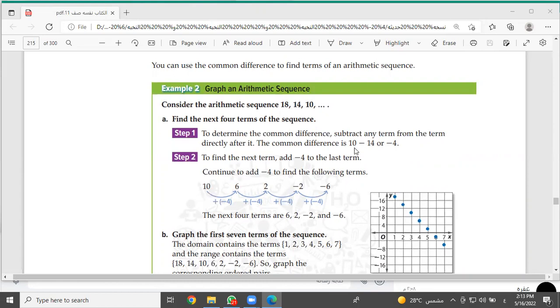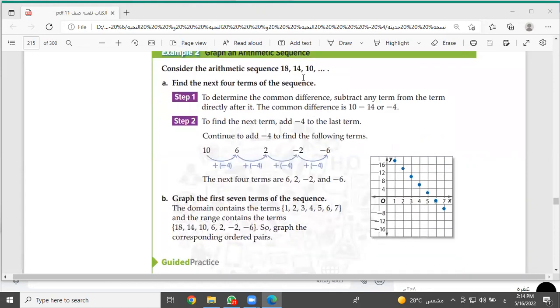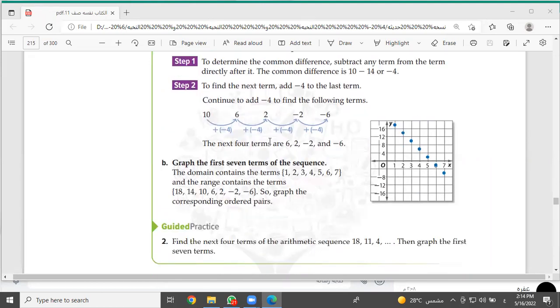Look, 18 and 14. The difference between them equals what? Negative 4. 14 minus 18 gives us negative 4. 10 minus 14 gives us negative 4. So the common difference between any two successive numbers will be negative 4.